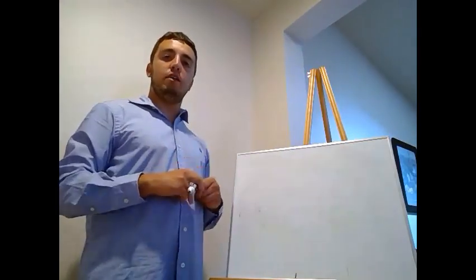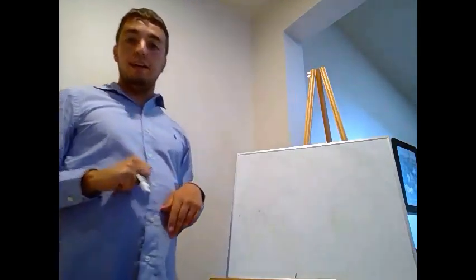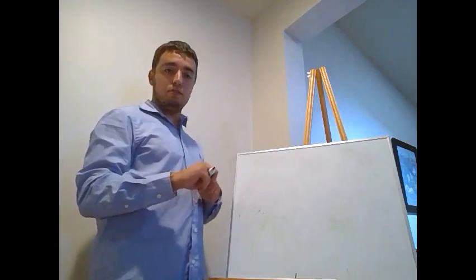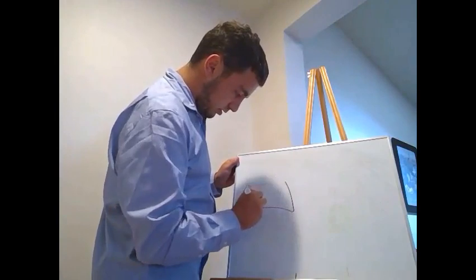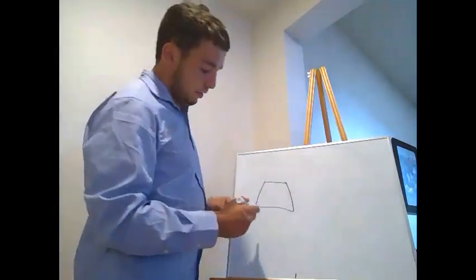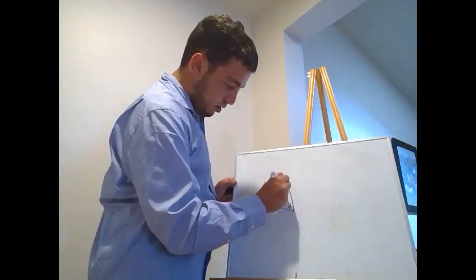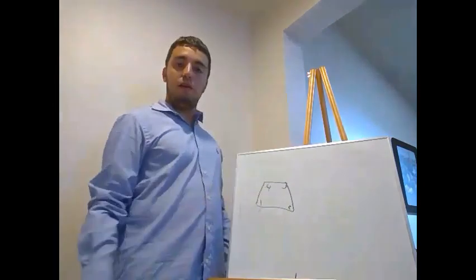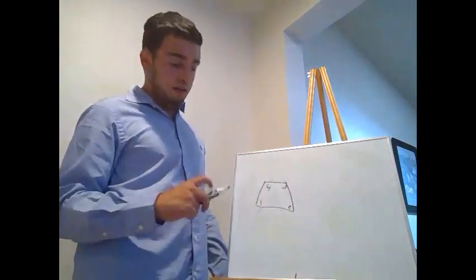3 acute angles. Yes. Very good. It is impossible to have a trapezoid with 3 acute angles, because with any trapezoid, as we learned when we discussed regular trapezoids yesterday to begin with, if we label these angles 1, 2, 3, 4, we have that 1 and 4 are supplementary, just like 2 and 3 are supplementary.